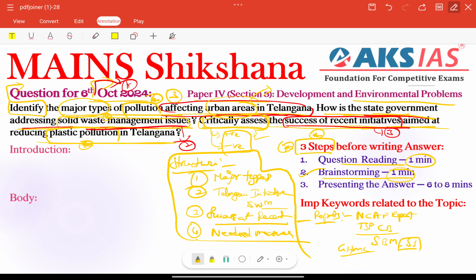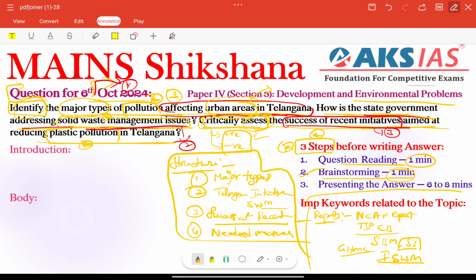So other than that, we have integrated solid waste management initiatives in Telangana itself, right? All these measures or initiatives need to be included here and there, right? Especially we need to provide some justification here, because every key question tag, identify and assess, is very important related to facts or data or important examples, right? That is very, very important here.